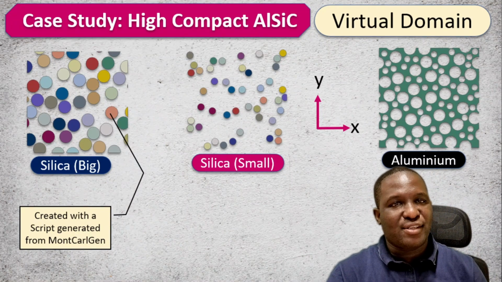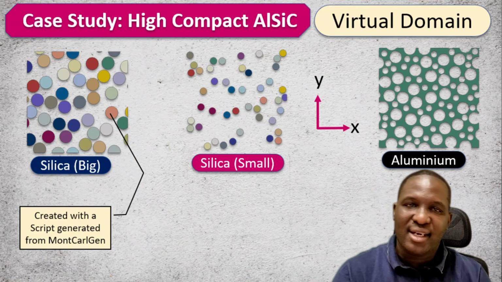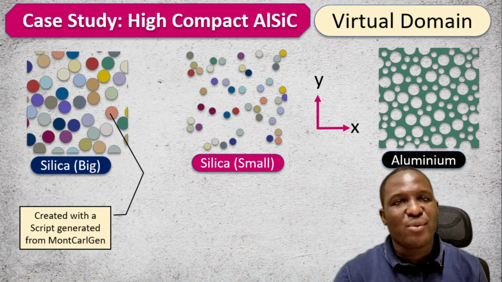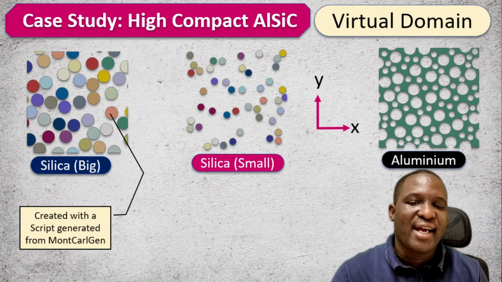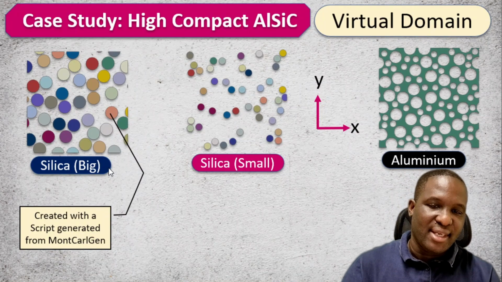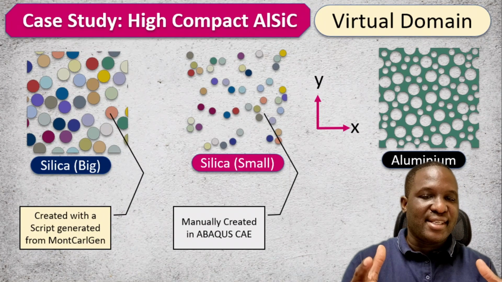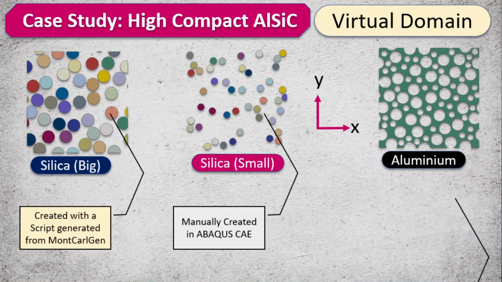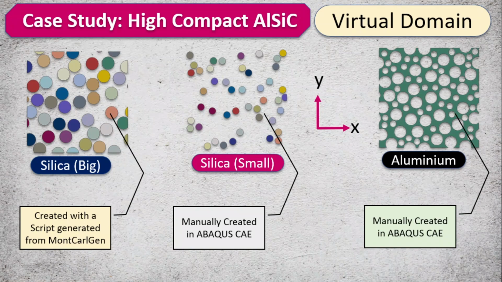Maybe future releases of this code will allow us to have multiple diameters of inclusions within the domain. But for now, we're working with only one size of inclusions. And so I'll use that to create the first category of inclusions, which is the silica big. And then the next bit, which is the tinier particles, will be done manually within ABAQUS CAE. And of course, the matrix will also be created manually. So that's the approach that we're going to use.